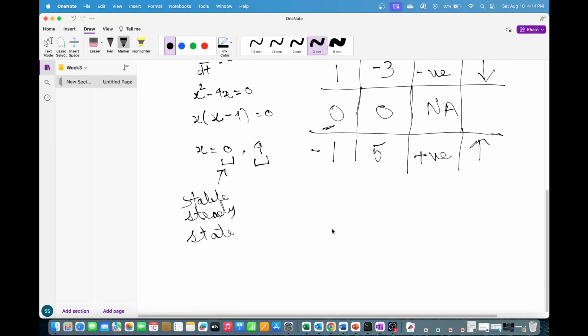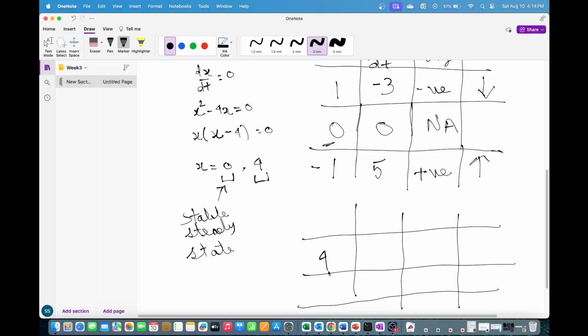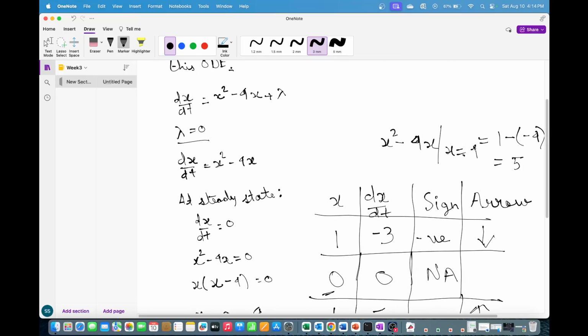Now let's do x equal to 4, with the same method. At x equal to 4, dx/dt equal to 0. Let's take a slightly higher value than 4, so let's take 5.